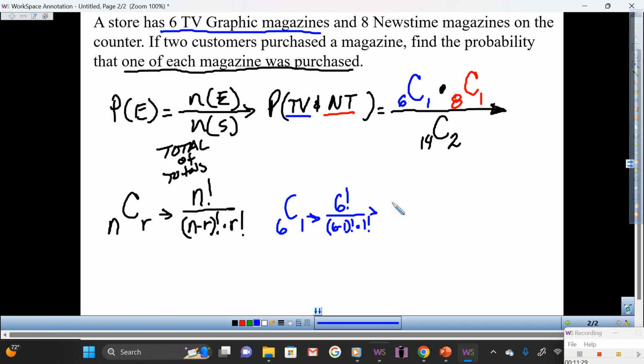Yes, Mr. Q. So then we end up with 6 factorial is 6 times 5 times 4 times 3 times 2 times 1 over 6 minus 1 is 5 factorial, so that's 5 times 4 times 3 times 2 times 1, and then 1 factorial.